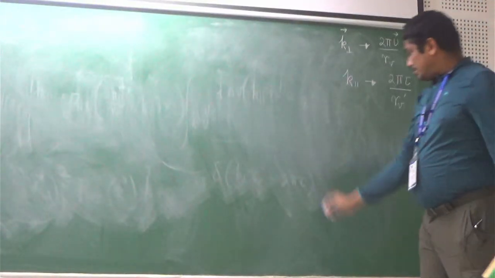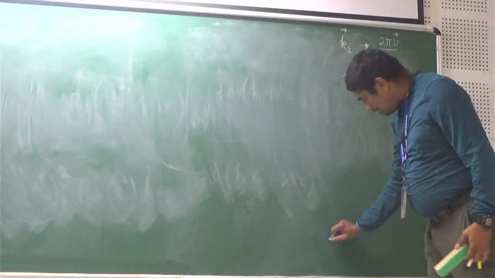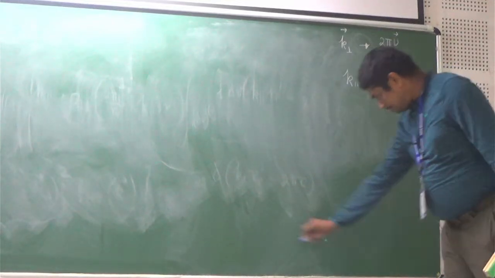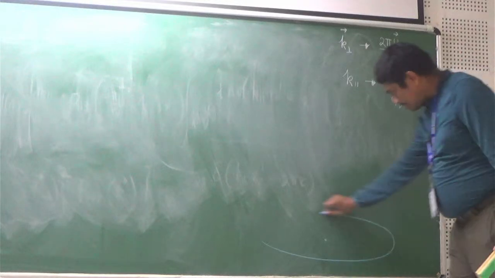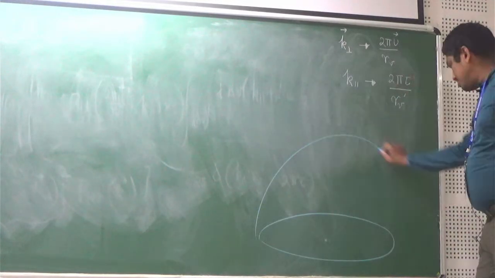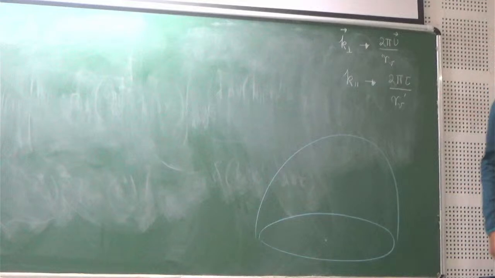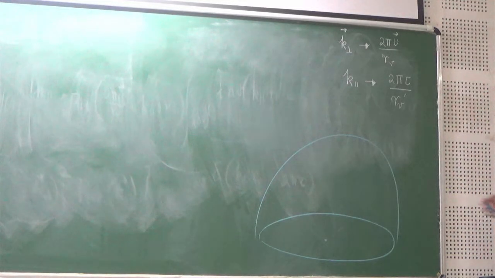Okay, so I'll keep it in this part of the board. Let's say this is my observer. We are not observing neutrinos; we can only observe in one hemisphere.